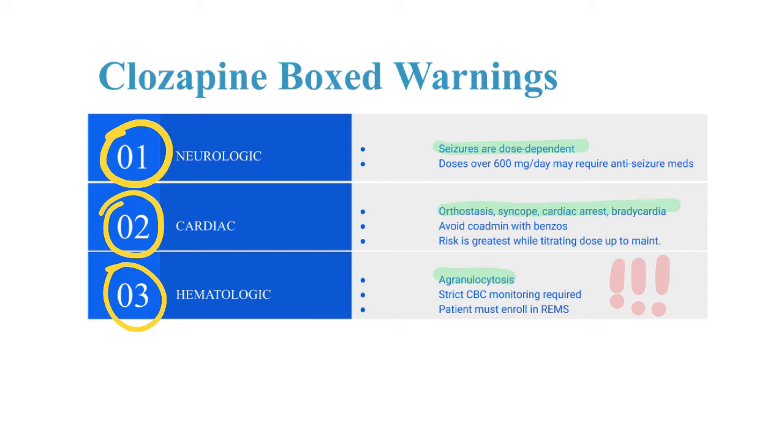So we must strictly monitor and alter the dose based on the results of CBC monitoring. Also, patients have to enroll in a REMS program, and that is to ensure that the provider and the pharmacy and the patient are in communication, and the patient's being monitored for agranulocytosis.